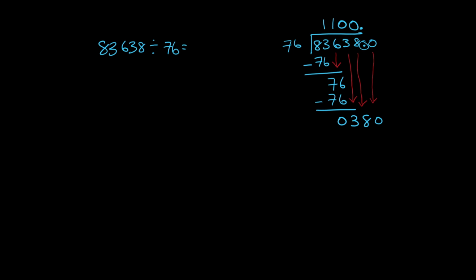That should be 5 times. And 76 times 5 will be 380. 380 subtract 380 is 0. And so our final answer for this problem will be 1,100.5. And that's how we would do it.